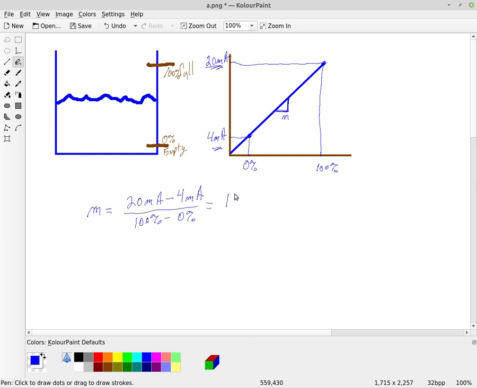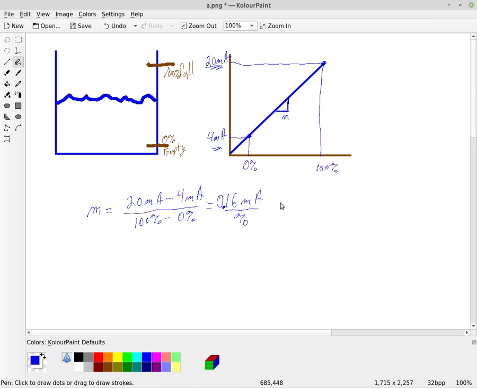And so the slope of that would give us 16 milliamps per percent, divided by 100. So 0.16 milliamperes per percent. For every 1% the tank level goes up, we're going to have an increase of 0.16 milliamperes.